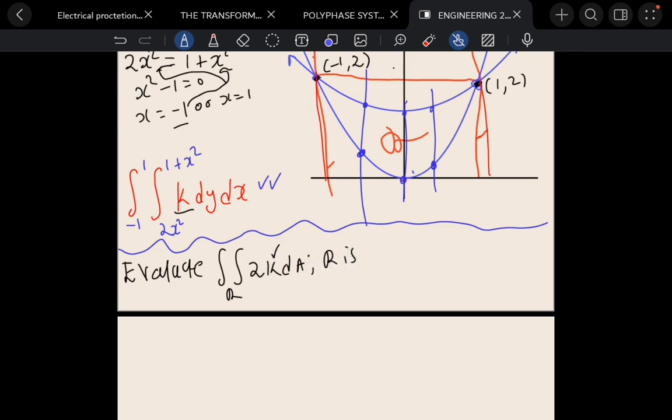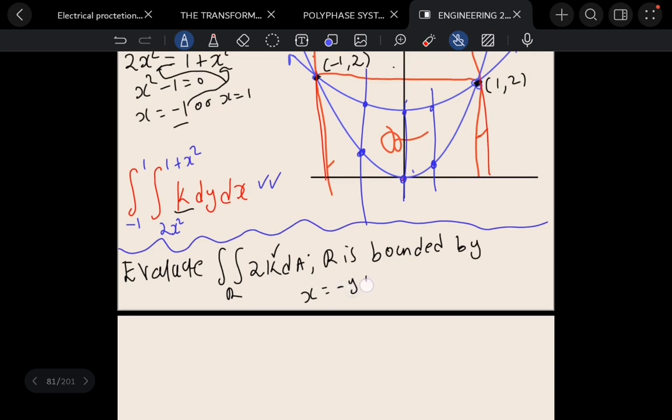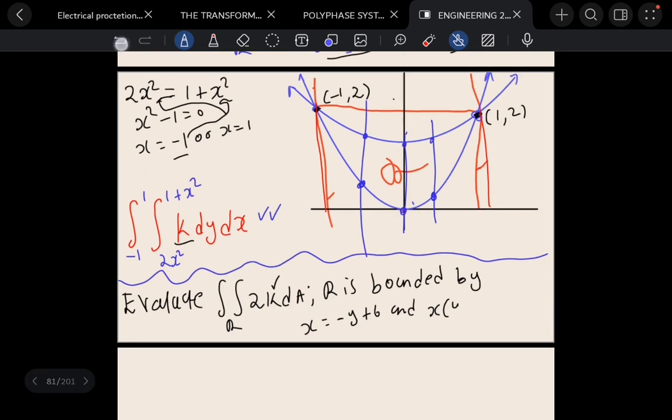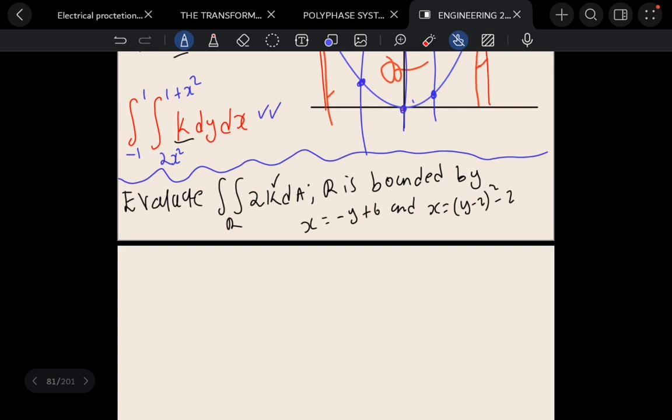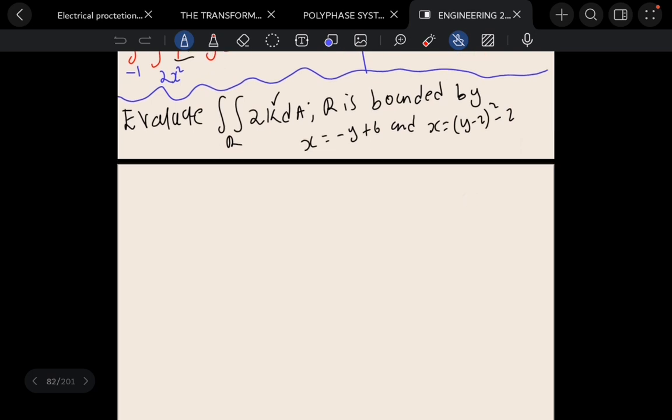R is bounded by x equals y minus 6 and x equals (y minus 2) squared minus 2, like that. So that is your region, your boundary conditions. Now let us draw that region.